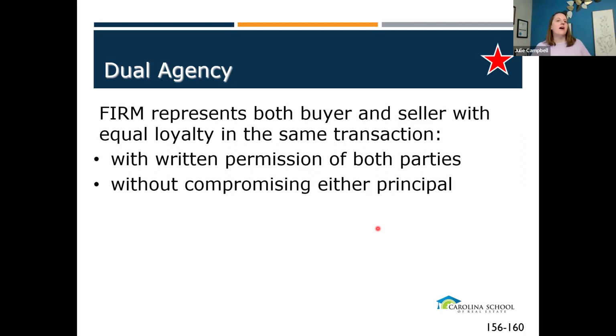The other thing I don't want you guys to get in your head, the common perception about dual agency, is you have the listing and then a buyer reaches out to you interested in the listing. But consider this: you've been working with the buyer for months and all of a sudden your firm gets a new listing. That's when we need to have that conversation.